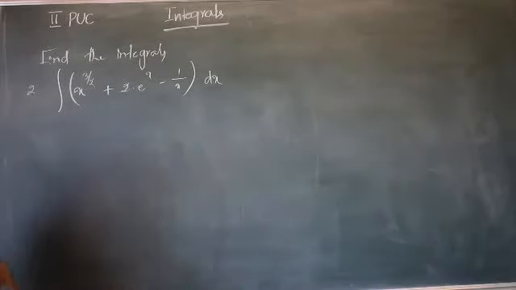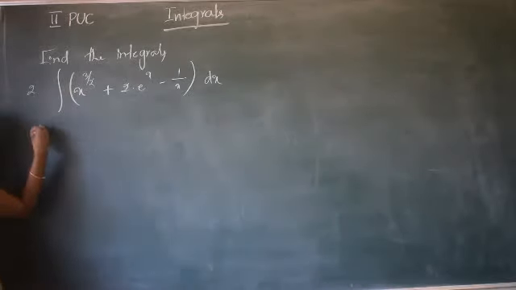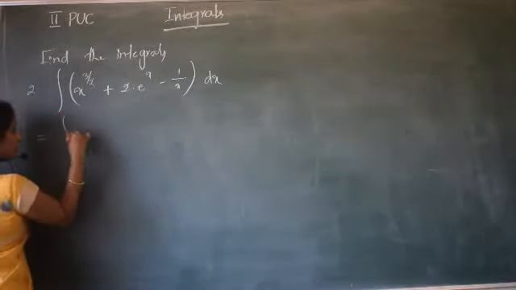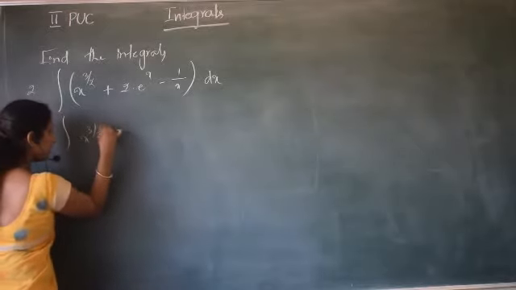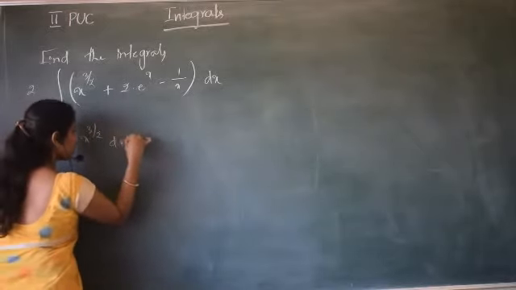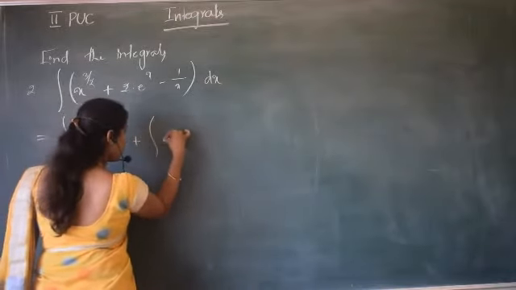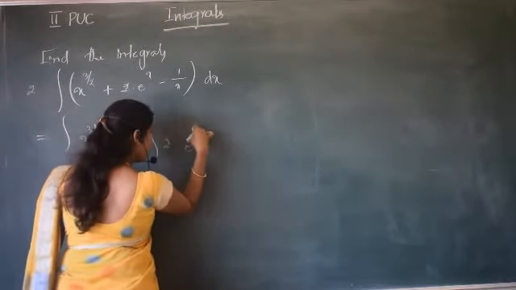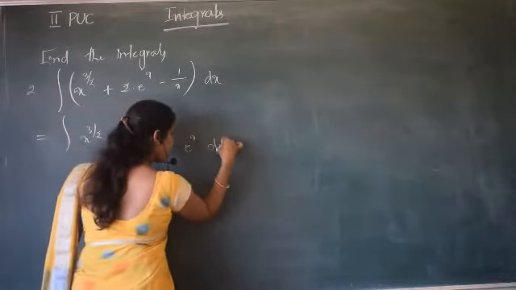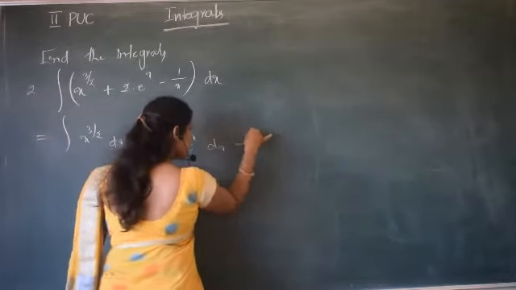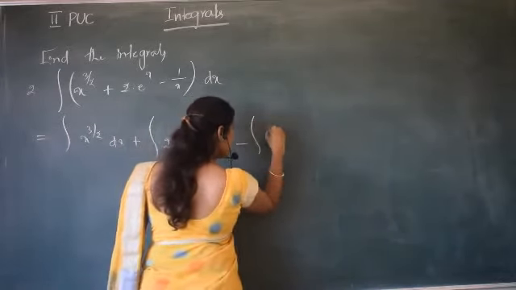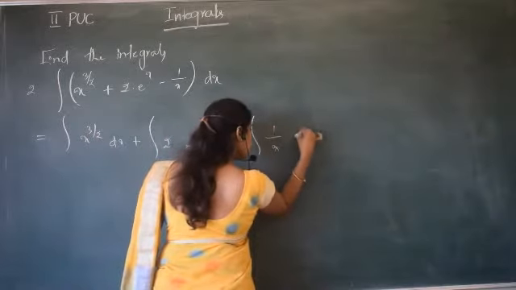So here we can split the integrals. This is equal to integral of x to the power 3 by 2 dx plus integral of 2 into e to the power x dx minus integral of 1 by x dx.